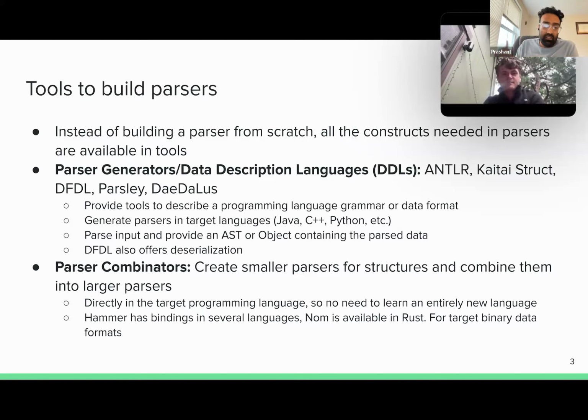Hammer is one of the new incoming parser combinators. It's been around for the last decade, and it has bindings in several languages. It's written entirely in C and C++. And nom is available in Rust, and both of these target binary data formats in principle.